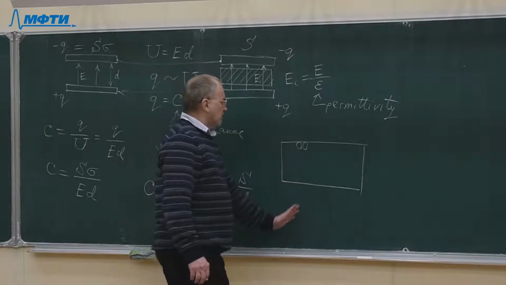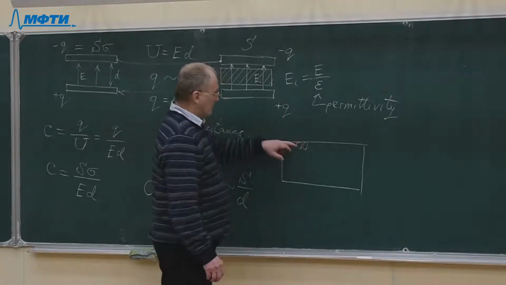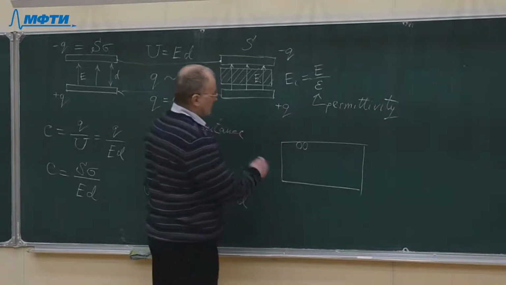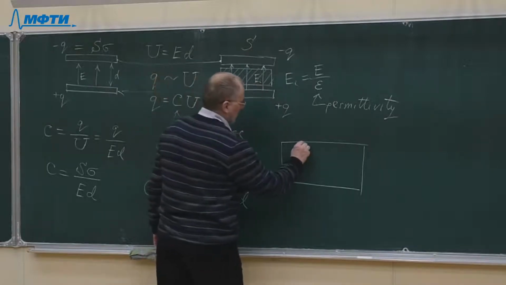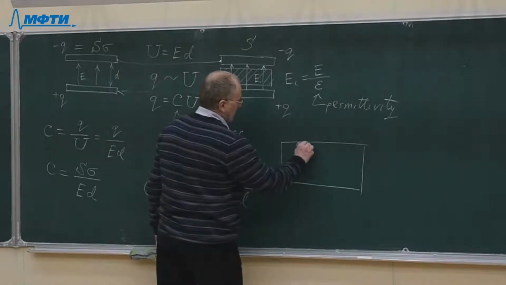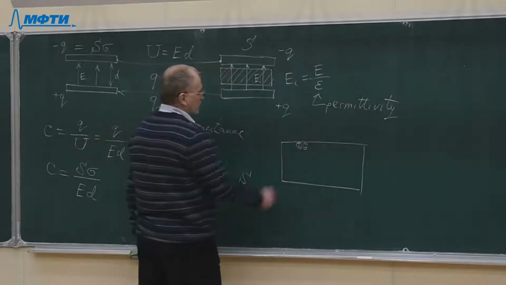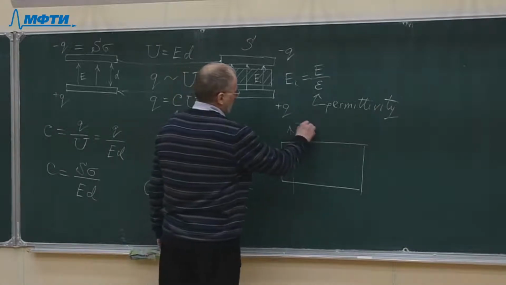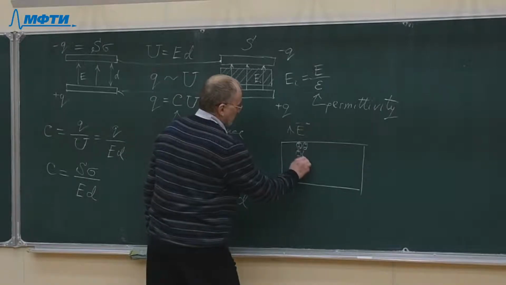If we switch on the external field, the molecule remains neutral, but the positive and negative charges inside the molecule are somewhat displaced in different directions. The positive charge will go slightly up, and the negative charge will go down because of the forces from the external field. If the external field has this direction, all the molecules will be polarized.